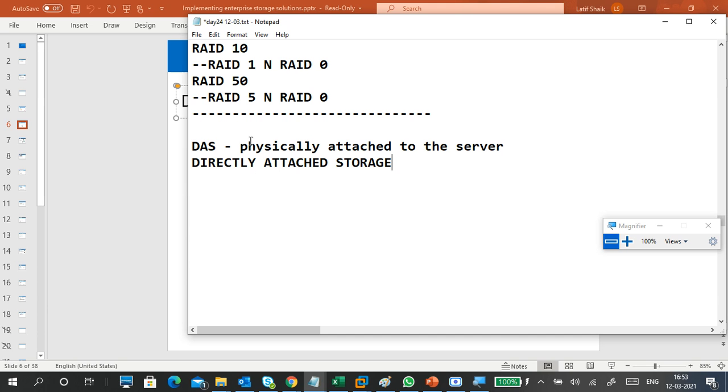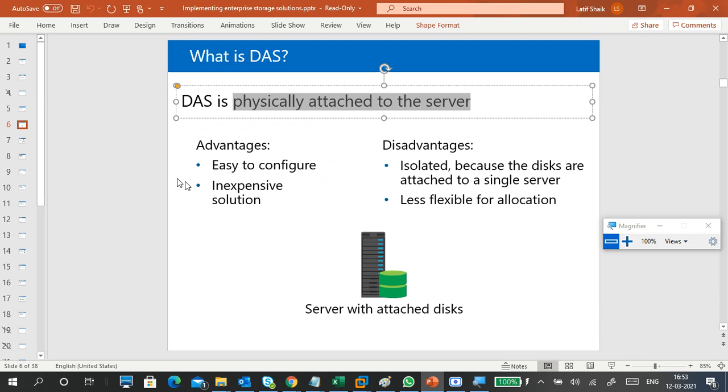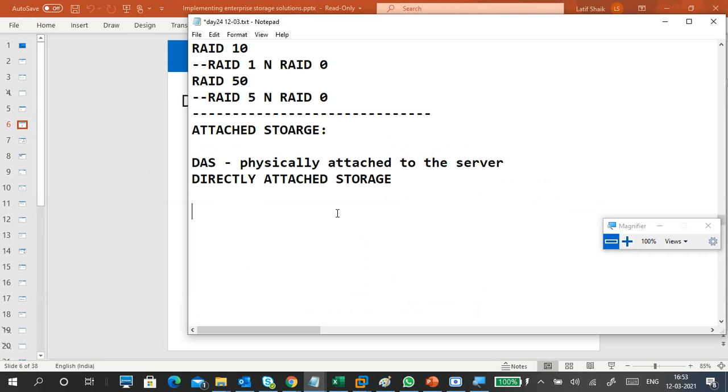It means you have a hard disk in your system, and based on that, it's DAS. You have a server and you have a hard disk inside the server, and you have data in that one. It is quite easy, right?